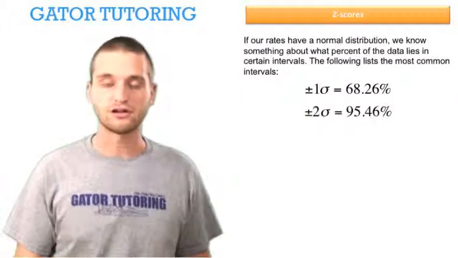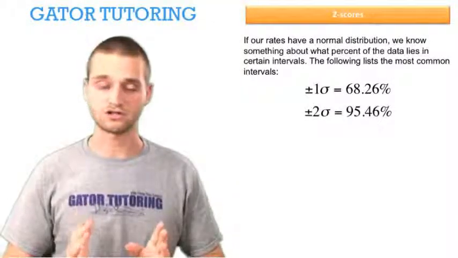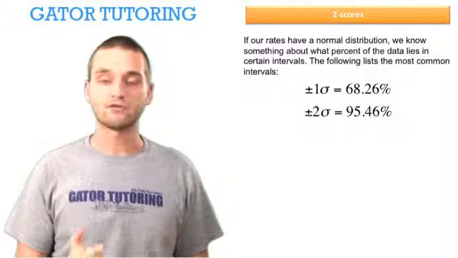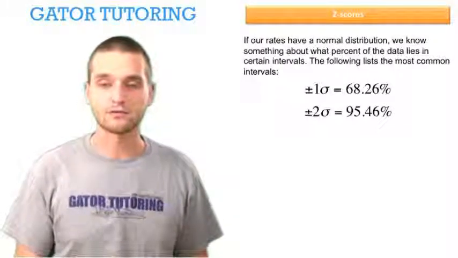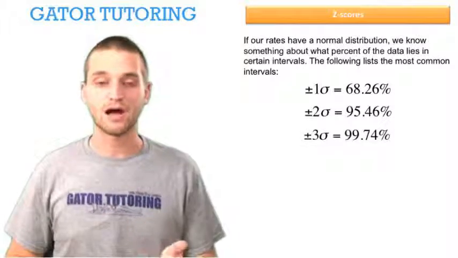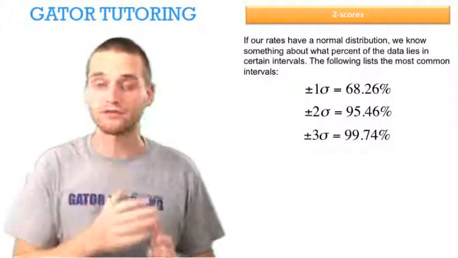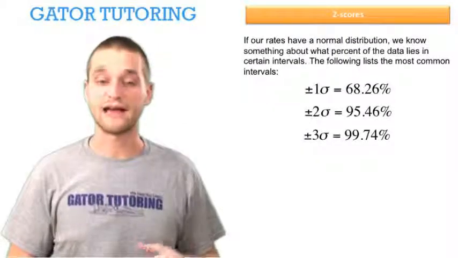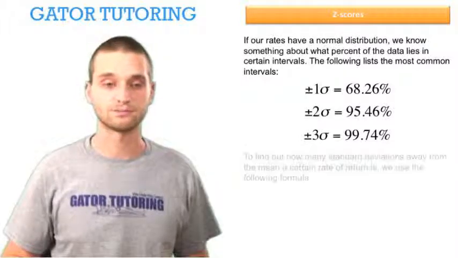For 2 standard deviations out, plus or minus 2, so the range is a total of 4 standard deviations, we're 95.46% sure that the true mean will actually lie in that interval. And finally, the most common one is plus or minus 3 standard deviations, and we're 99.74% sure that the actual mean will lie in this interval of plus or minus 3 standard deviations.